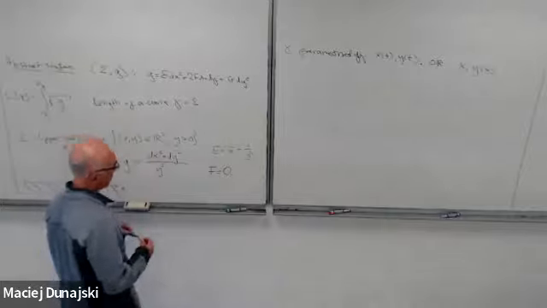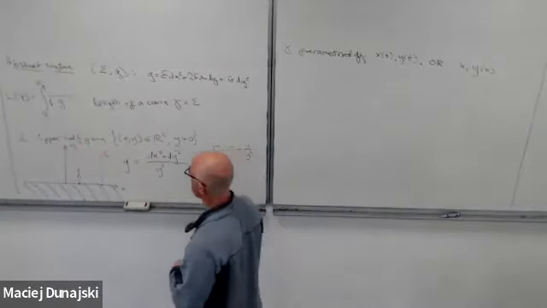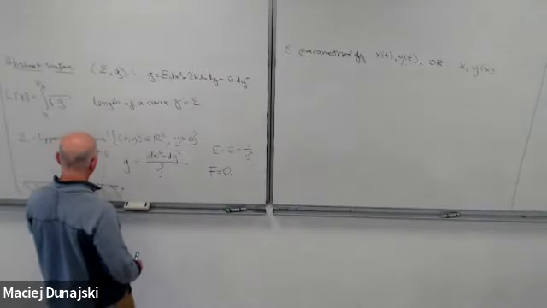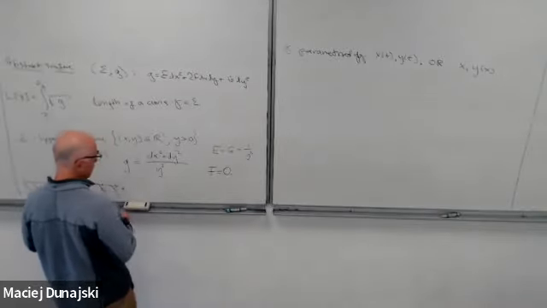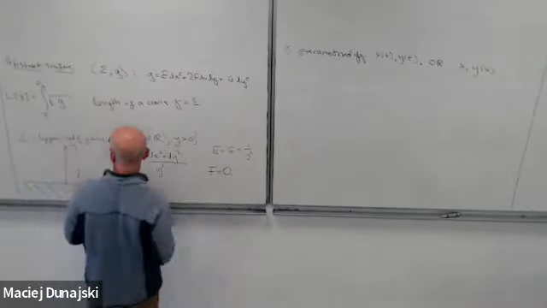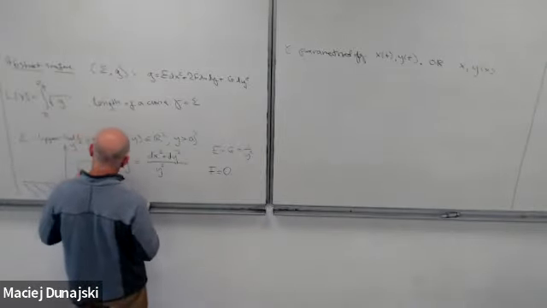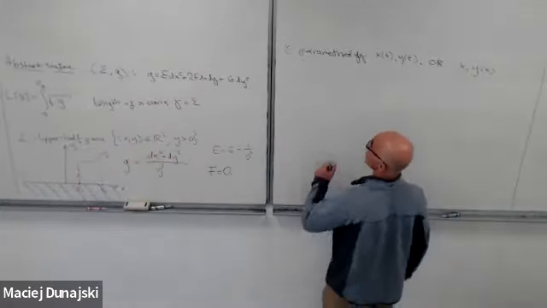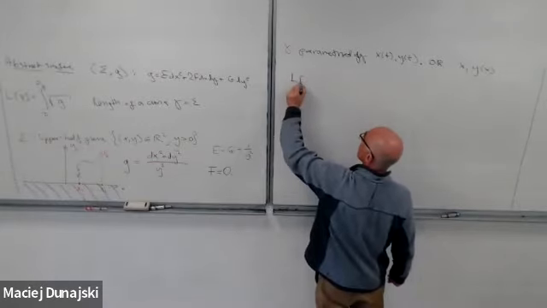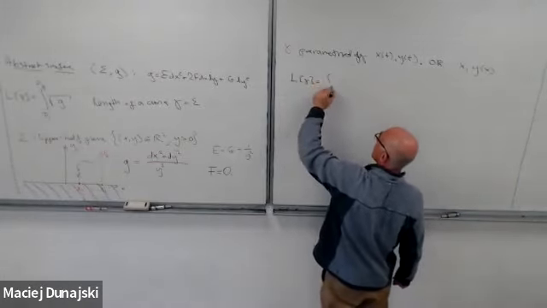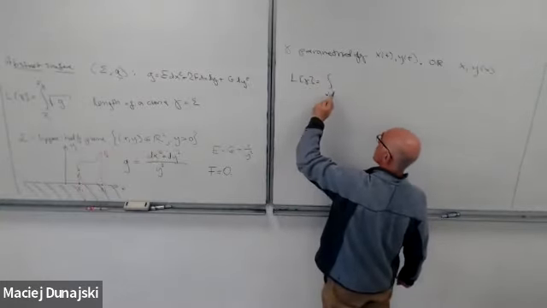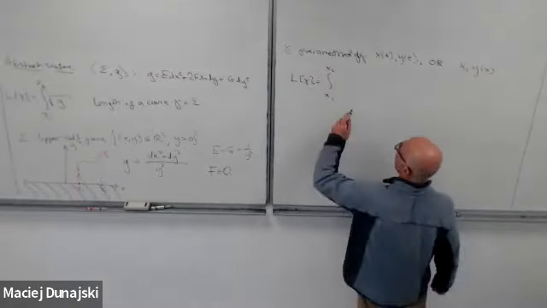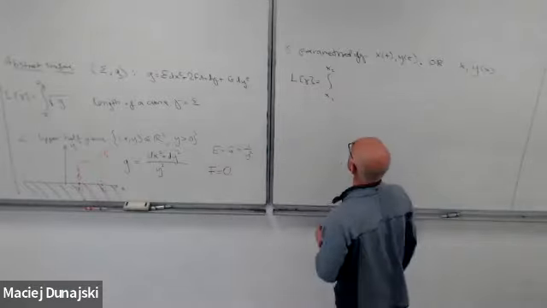Okay. So now these points P1 and P2 have 2 values of x corresponding to them. This one has x1 and this one has x2, and they are joined by some curve, and the length of this curve is an integral from x1 to x2 of the square root of this.